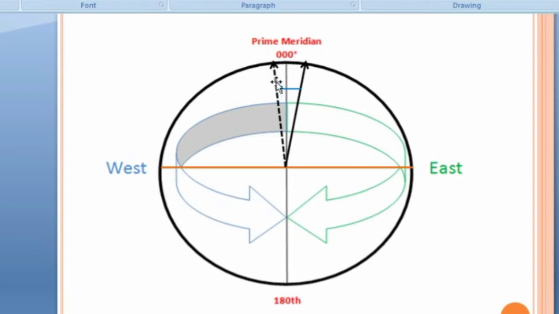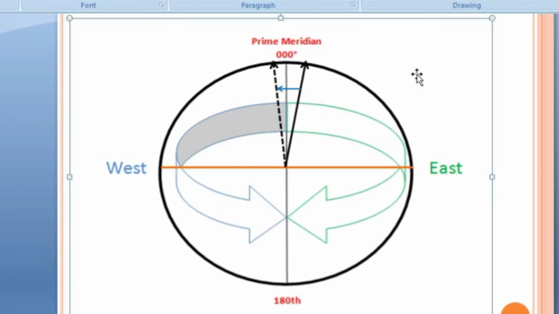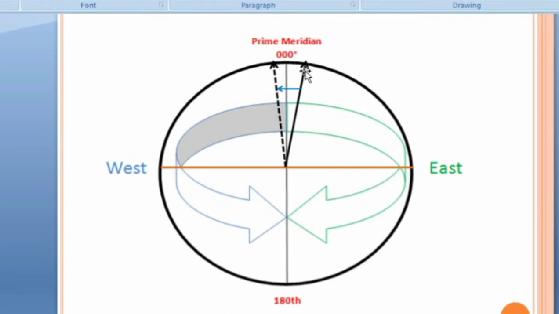So based on our illustration, you can easily understand why the sign becomes west, since we have the origin from east, simply because we are going on a westerly direction and we have passed through the prime meridian. That's why we are already on the opposite side of the globe, which is on the west side.